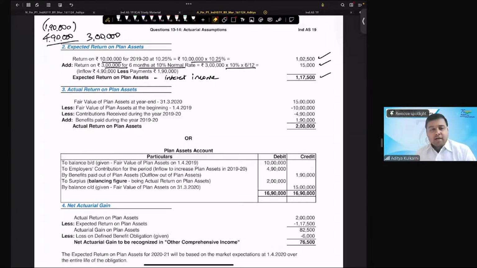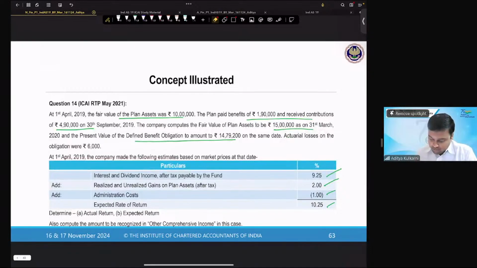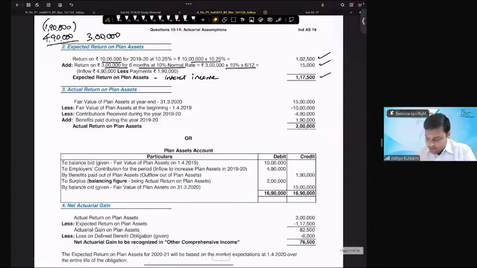Coming to the next one, actual return on plan assets. Sorry, this is the closing value, 15 lakhs. I am a debit credit person.